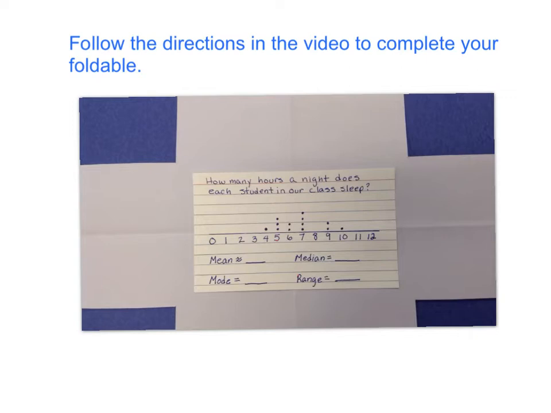Now take one of your half index cards that is cut horizontally and copy the information that is on that. It says the quotient of a set of numbers when the sum of the numbers in the set is divided by the number of addends.